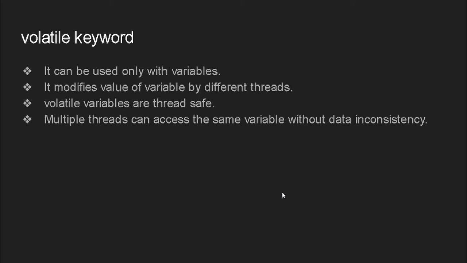One thread is going to keep its own local copy of that variable, and another thread is also going to keep its own local copy of that variable, and then it will lead to data inconsistency and create bugs also. Because of this reason, we use the volatile keyword, so that data consistency will be there, and more than one thread can access the same variable and the data will be modified. If you don't understand this point, don't worry about it. This is a little bit of an advanced concept, so we'll be discussing it when we study the thread chapter.